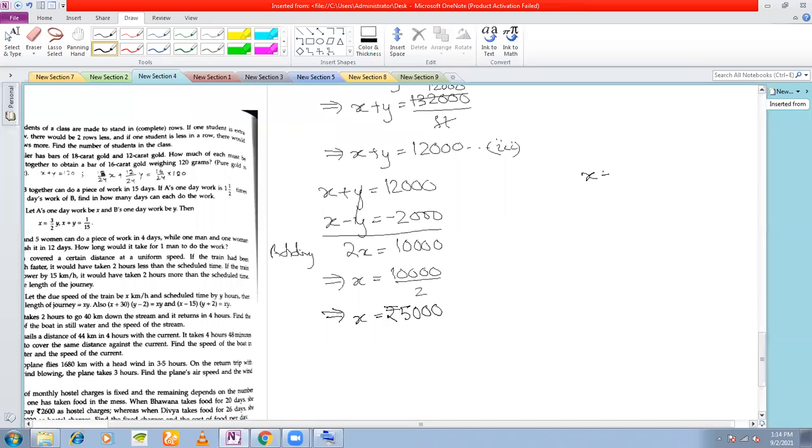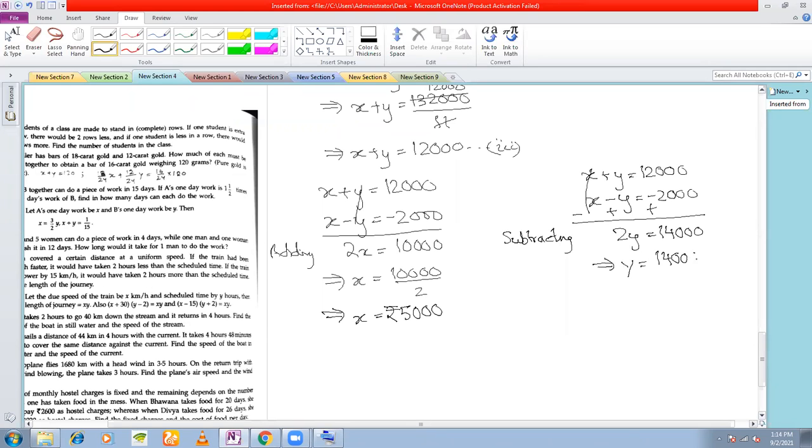And now you subtract also. Cancels. The 2y is equal to 14,000. So y is 7,000.